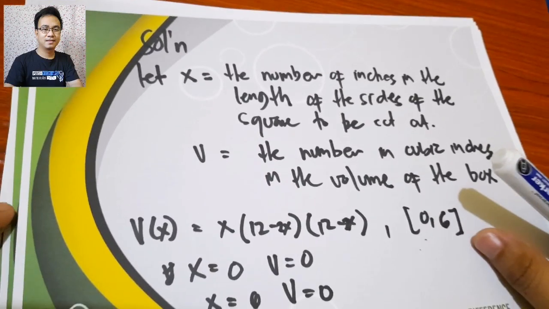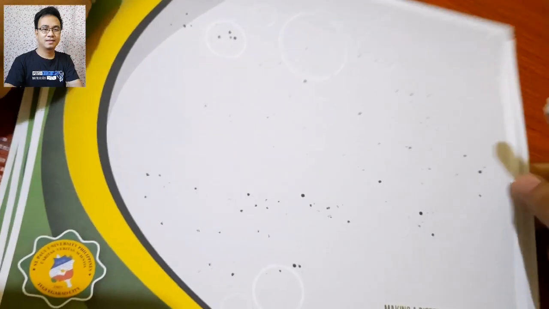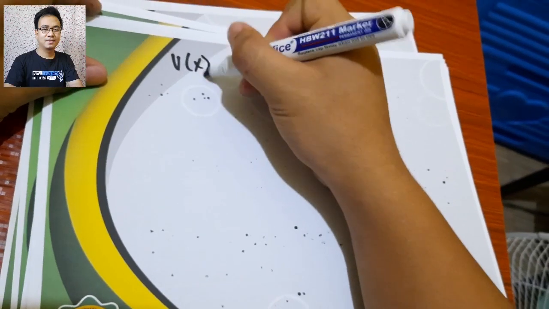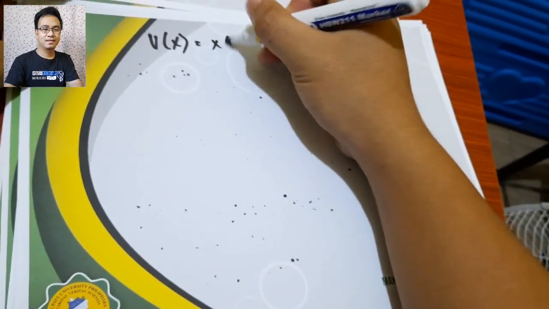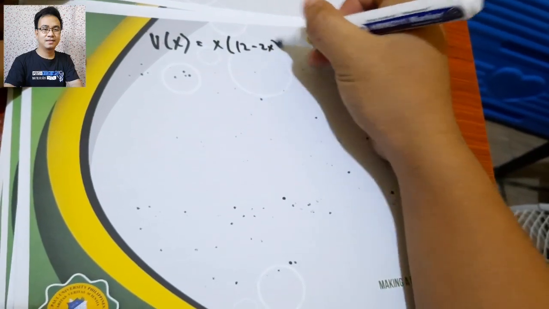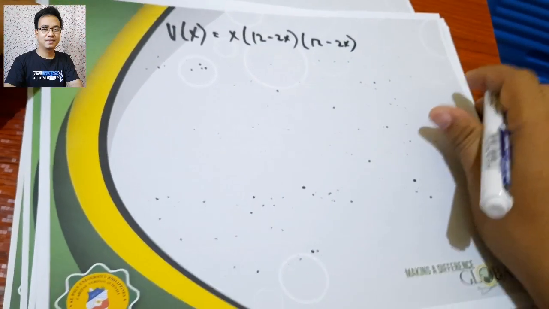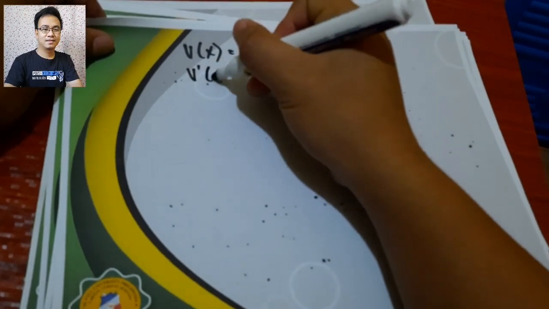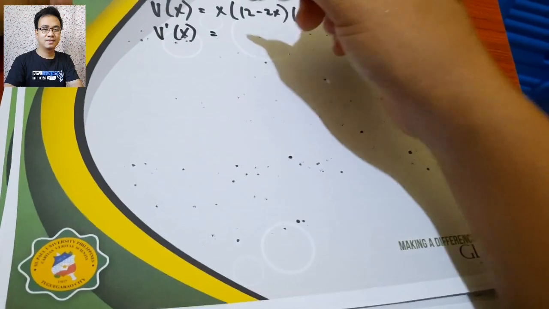To find the critical numbers of v, we find the first derivative of our function. Okay, our function is v of x equals x times 12 minus 2x times 12 minus 2x. So to find the critical value, we find first our first derivative.